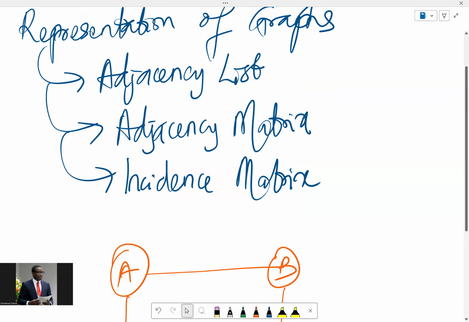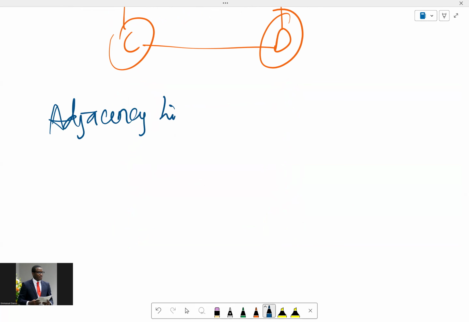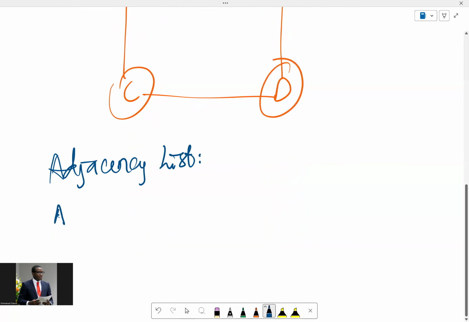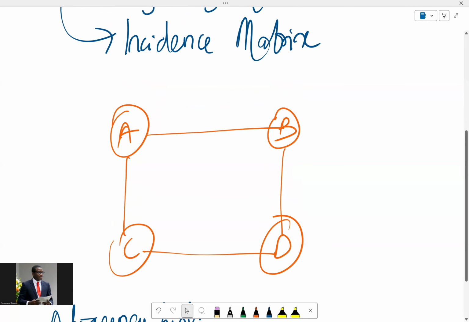If we want to use an adjacency list, for each node, you take the node and list the other nodes connected to it.